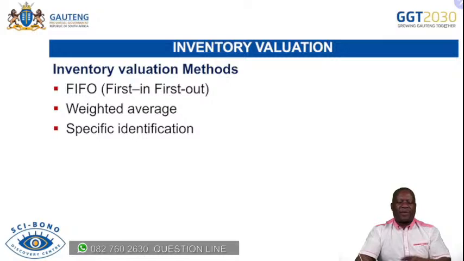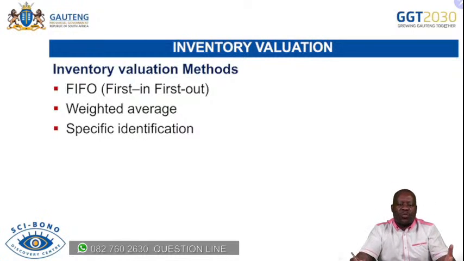The specific identification. This one is simple. It identifies specifically an item and says, this item we bought it for 2,000. So it means if it is still there at the end of the period, it's 2,000 plus the other one that we bought for 3,000 plus the other one that we bought for 10,000. So we just add the prices of the individual items that we bought at different prices.